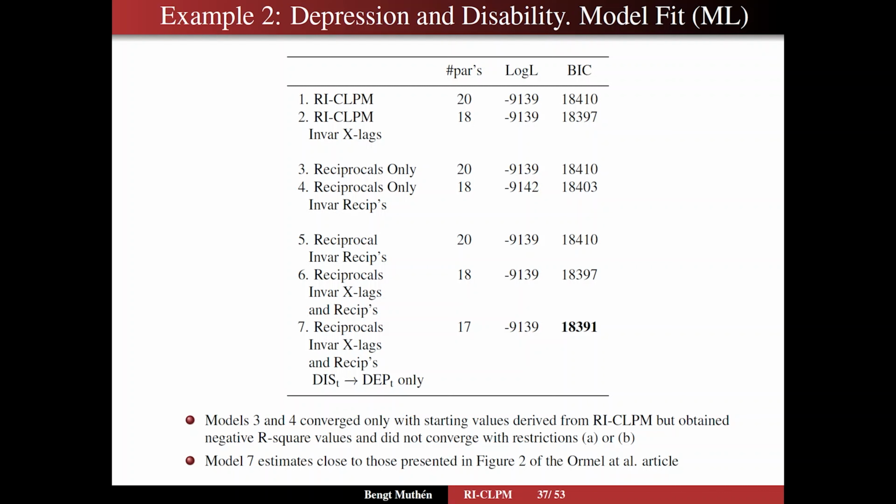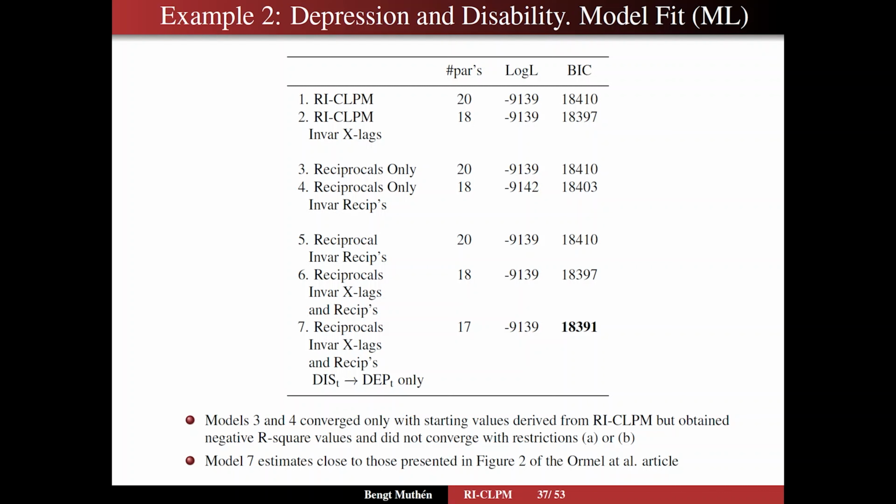In my opinion, the RI version of CLPM is the better statistically motivated model, because you have multi-level data, time points within people, and therefore you should have a multi-level model in essence, where you have at least a random intercept, as we do in multi-level regression. So that motivates the random intercept component.